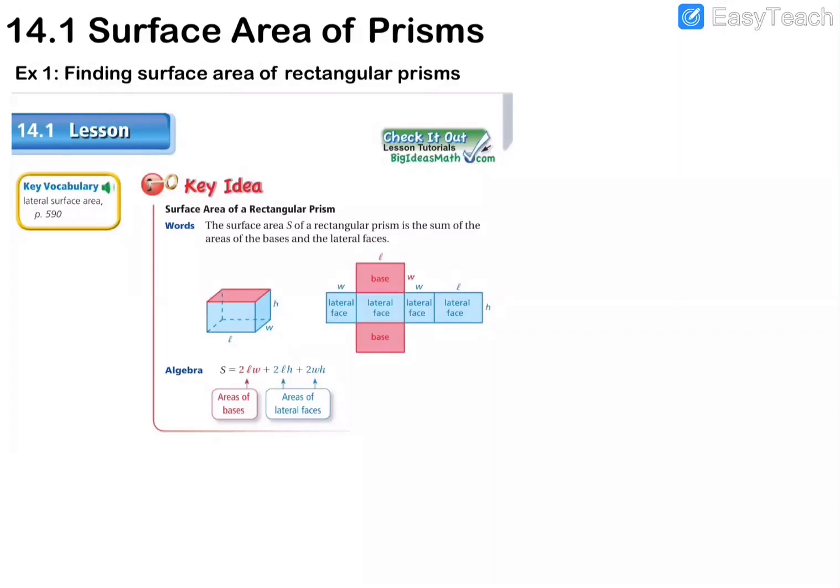Chapter 14, we're going to be talking about surface area of prisms, surface area of pyramids, and let me see what else. We also have surface area of cylinders, volumes of prisms, volumes of pyramids.